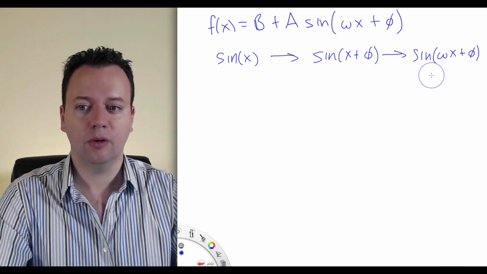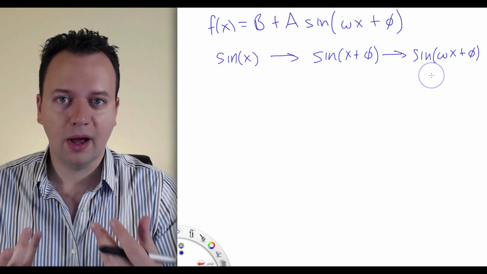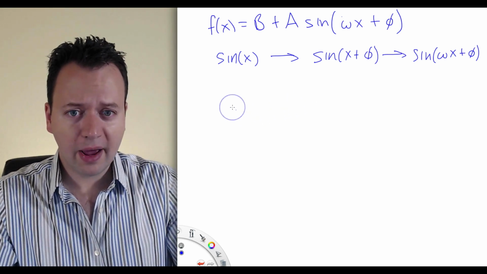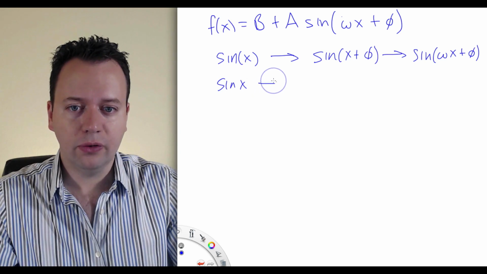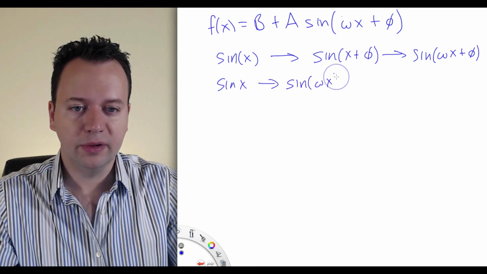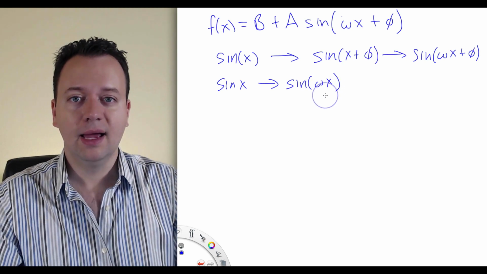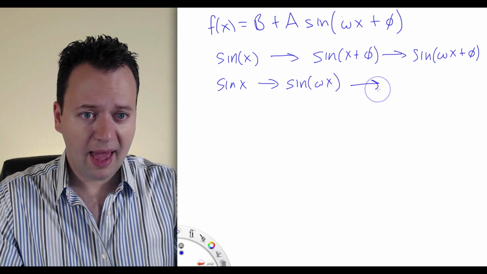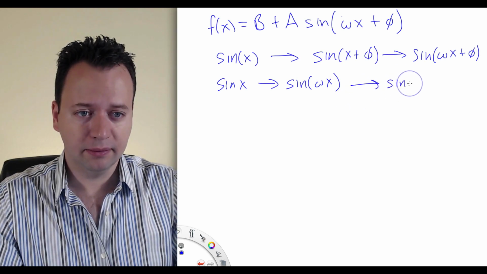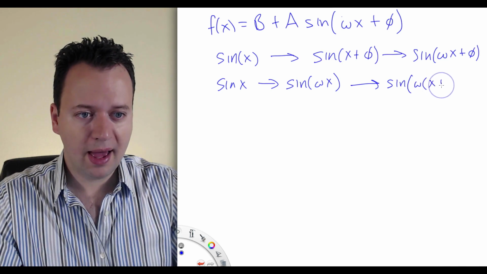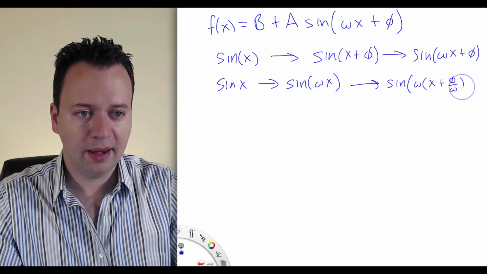Because when you do the compression or the stretch, you just multiply the variable x by the constant. On the other hand, if you stretch it or compress it first, you would transform it to sine of omega x, and then when you do the horizontal shift, x would be replaced by x plus something. So it should be x plus phi over omega.